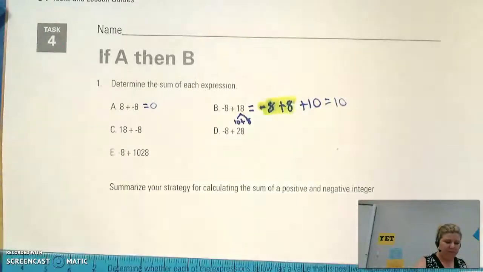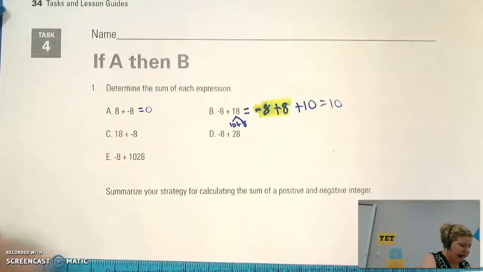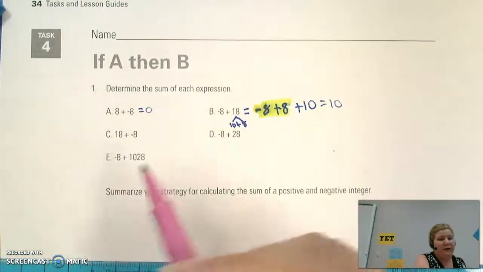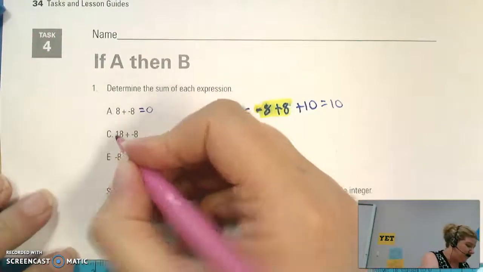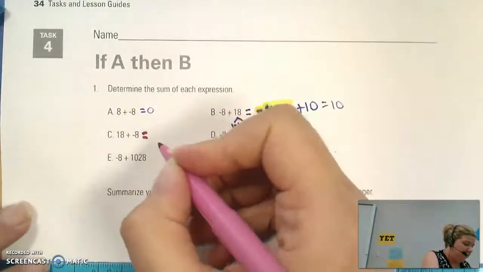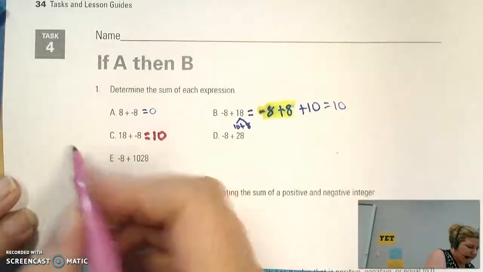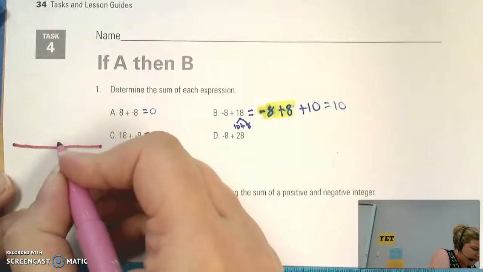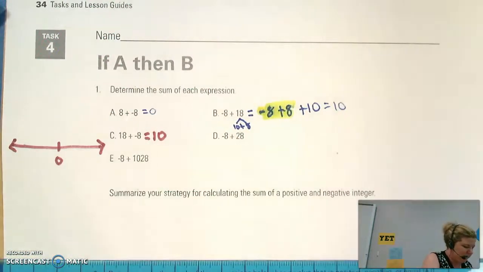So this is the same problem, but it would be modeled a little bit different. Do I have more positives or negatives? I have more positives. How many more positives? 10. I'm going to draw this over here. This is a sketch, okay? And it's appropriate to sketch these things at times.